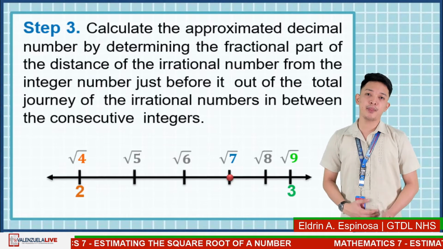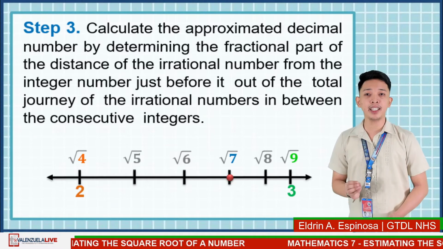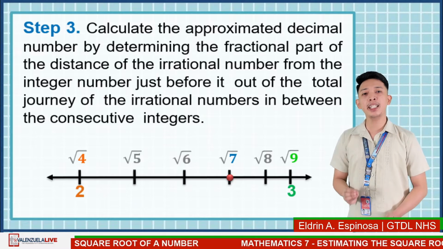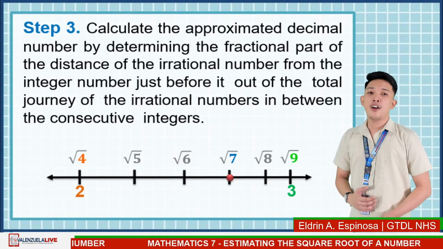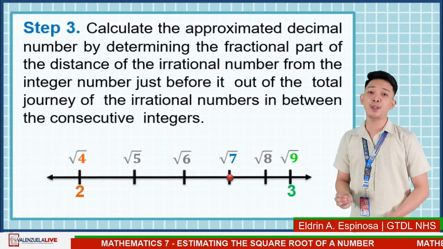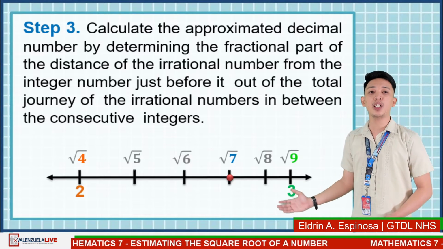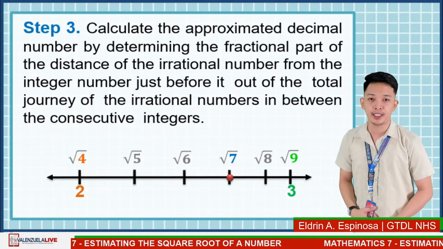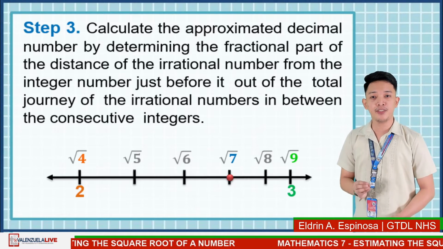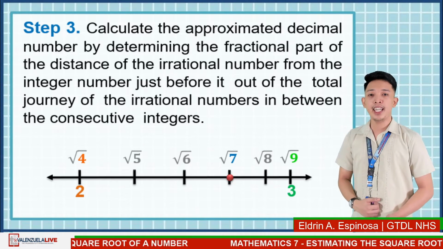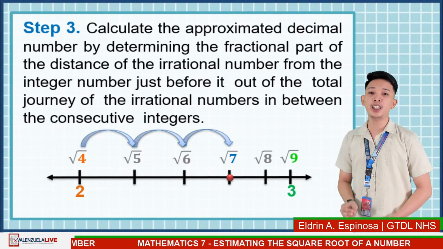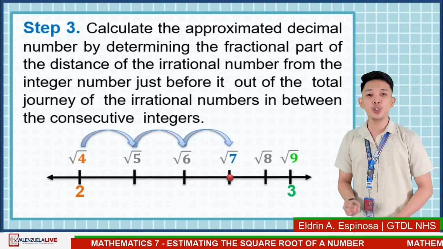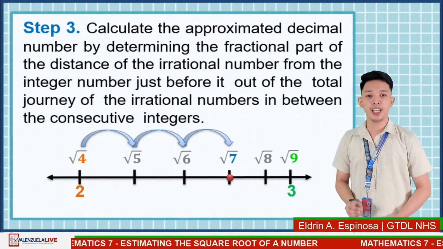Third step, calculate the approximated decimal number by determining the fractional part of the distance of the irrational number from the integer number just before it, out of the total journey of the irrational numbers in between the consecutive integers. In our example, there are 3 irrational numbers with integer radicand from square root of 4 to square root of 7.